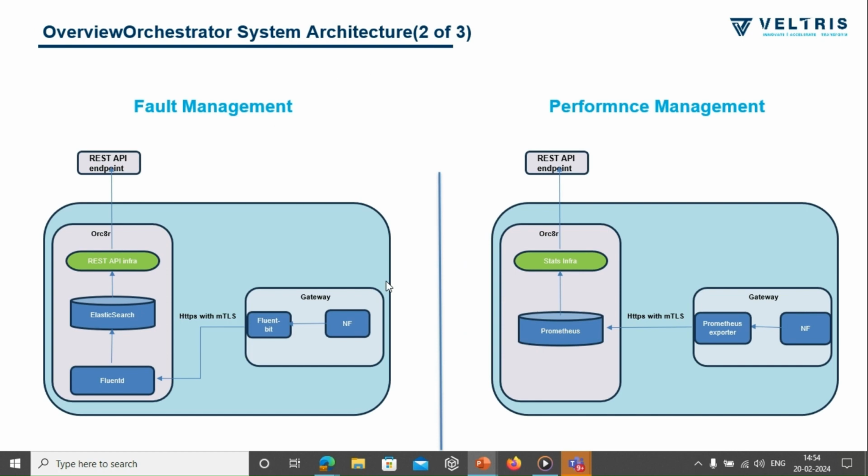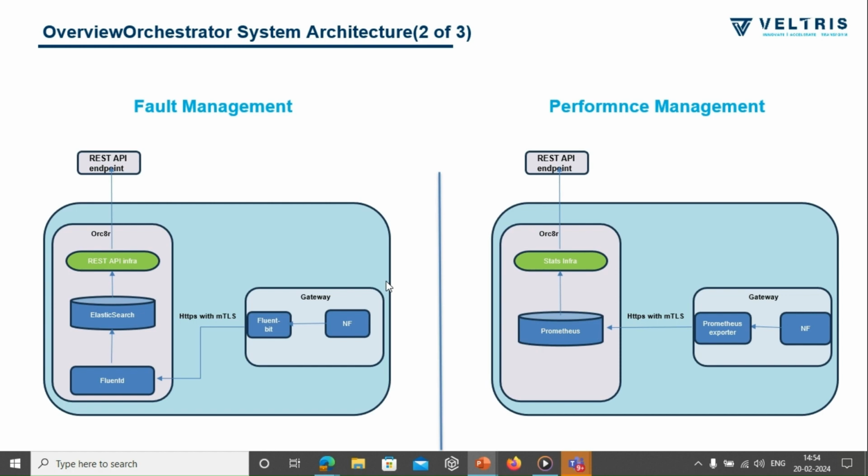Let us discuss in brief the fault management. It comprises three major components: fluent bit, which is sitting on the gateway and interacting with the network functions. As and when the network functions create any events, those will be combined and sent by the fluent bit to the fluent D component on the orchestrator.